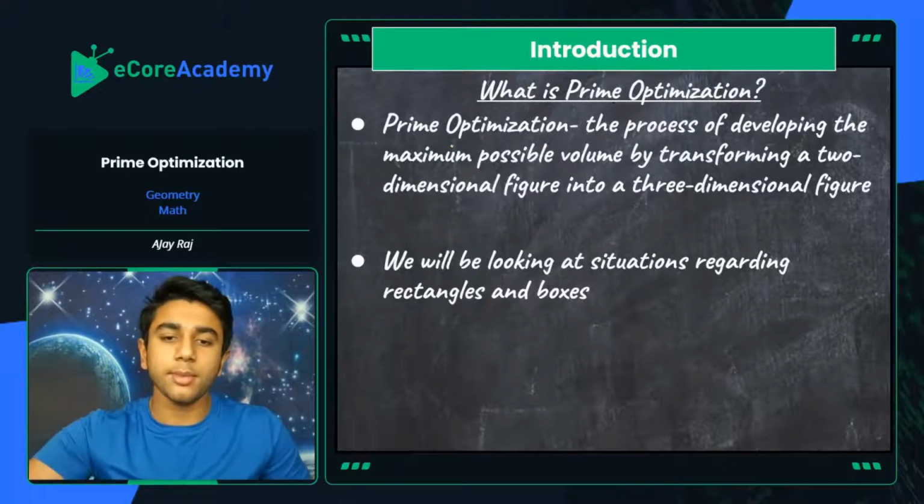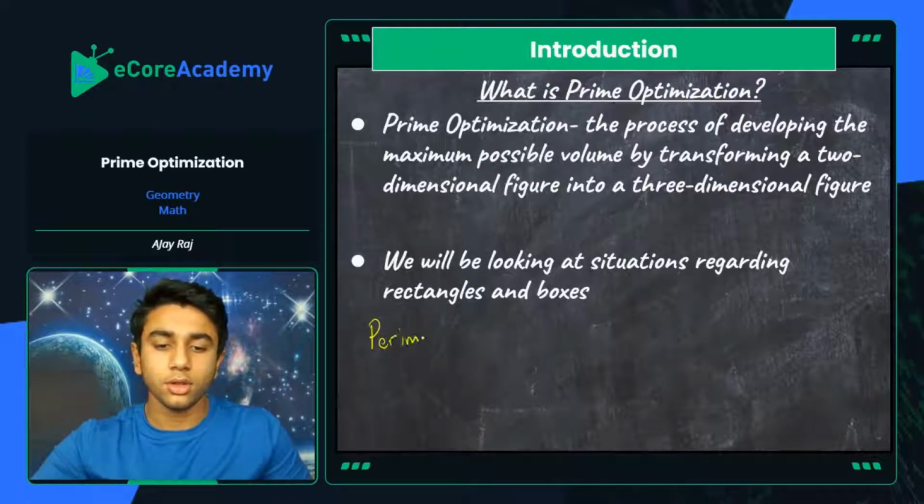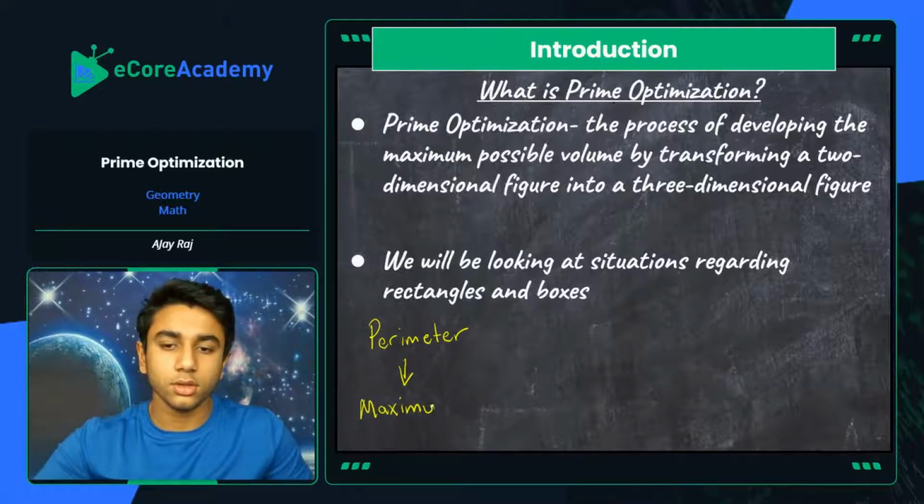So like I said, prime optimization, it has two different forms. So in which you're given the perimeter, and you have to calculate the maximum area. The maximum area potential of a rectangle. We're only focusing on rectangles for now. So of a rectangle.